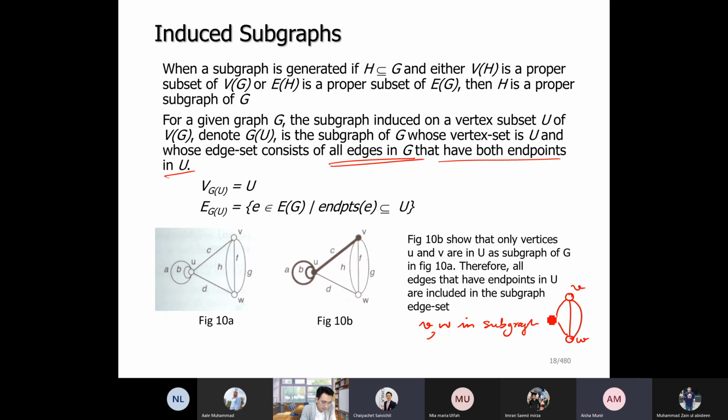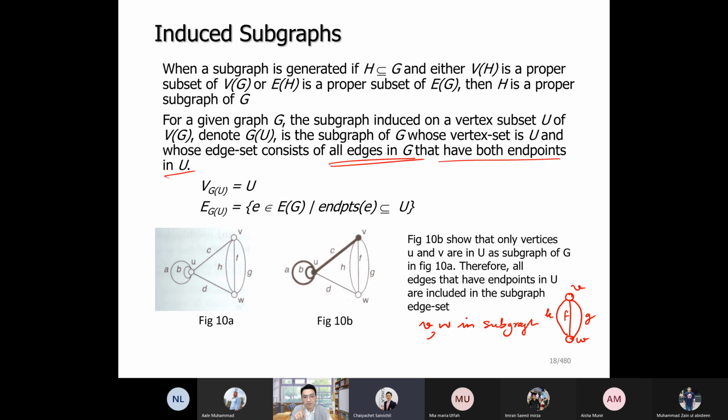This is going to be the induced subgraph. So V and W will be the endpoints in the subgraph. All the edges in the original graph having V and W as endpoints must be part of the subgraph that you induced.